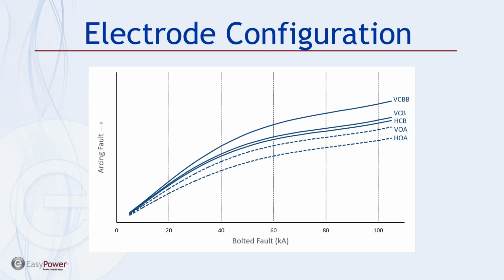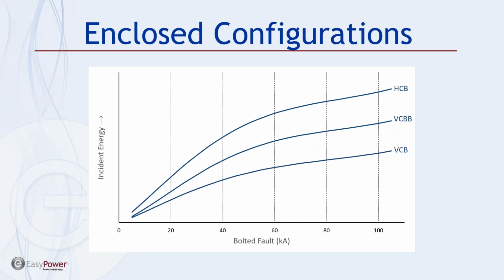So one might draw from this, if I have systems where everything is terminated into a barrier, then potentially my arc fault current will be higher compared to what I calculated in the 2002 version. As far as the enclosed configurations without terminations, looking at bolted fault, we compare horizontal incident energy calculations.